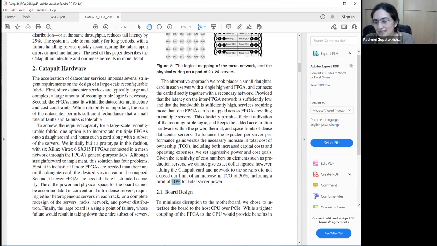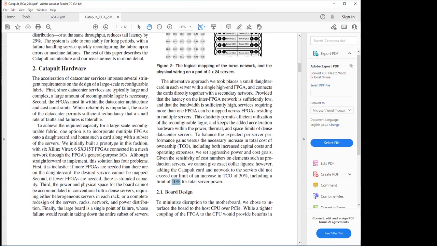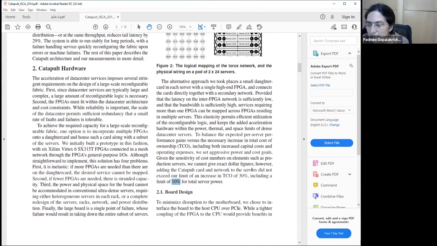But every piece of hardware that you run, there are two components to power, right? One is the static part of it, and the other is the dynamic part of it. Right? So dynamic depends on your workload, yes. But every hardware that you add will add some static power, because the fact that the chip is there and it is powered on, that inherently burns a certain amount of power.